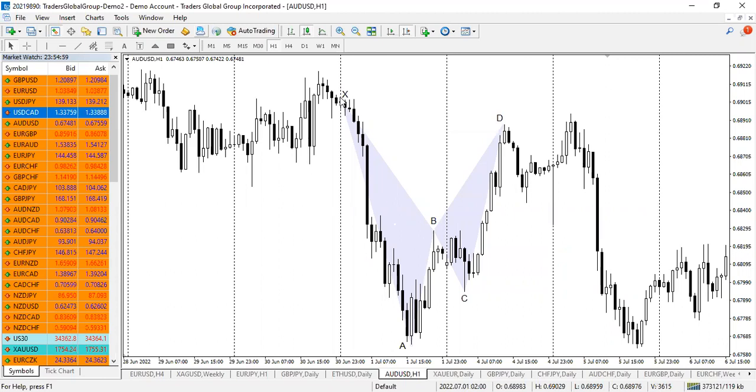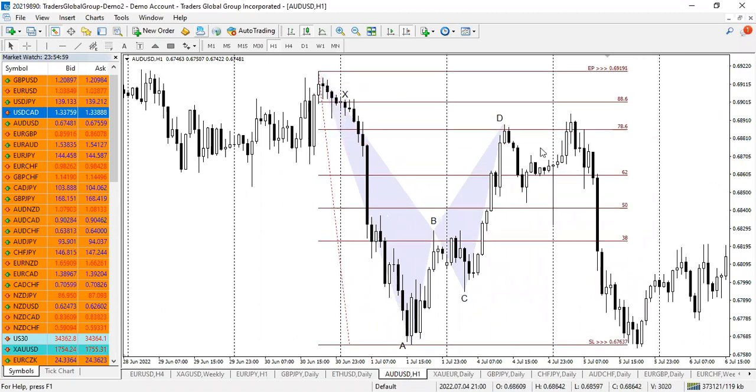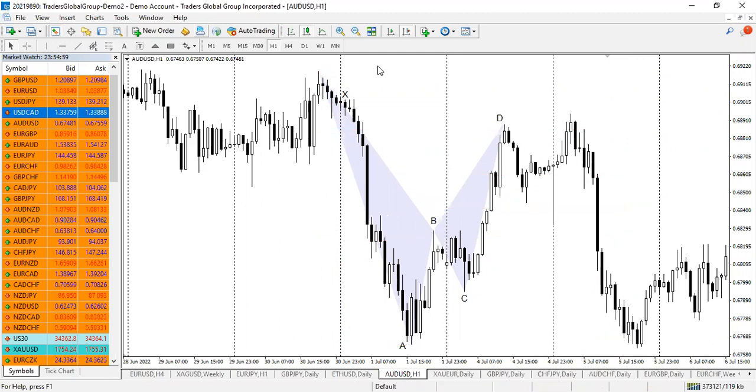Let's check. If you were seeing a Gartley from here and you drew from this high to this low, it gave you 78.6. Check your second confirmation of a Gartley. What is B to C of a Gartley? Friends, do you remember? It's the same thing for a bat.